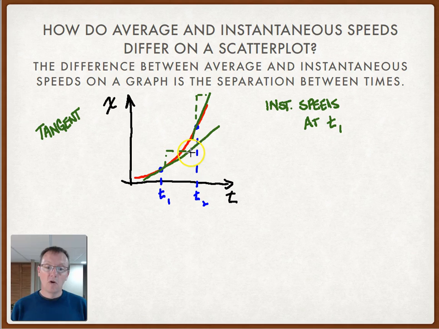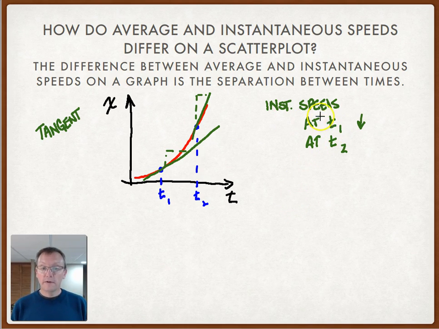In fact, the slope for this one is lower and the slope for this one is higher. And so we say at time t sub 1, the instantaneous speed is lower than at time t sub 2. The instantaneous speed is higher. Okay, so I'll say that's lower. And at t sub 2, it's higher.